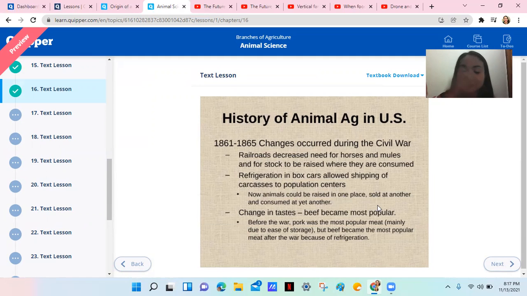Sorry for that. And when there were changing tastes, beef also became most popular. Before the war, pork was the most popular meat, mainly due to the ease of storage. And beef became the most popular meat after the war because of refrigeration.